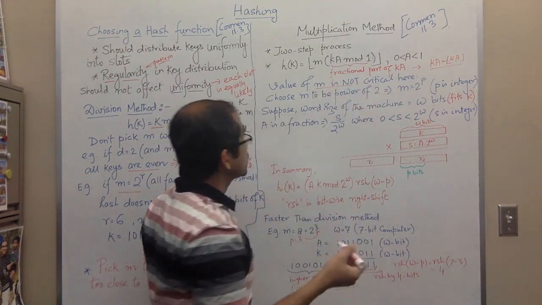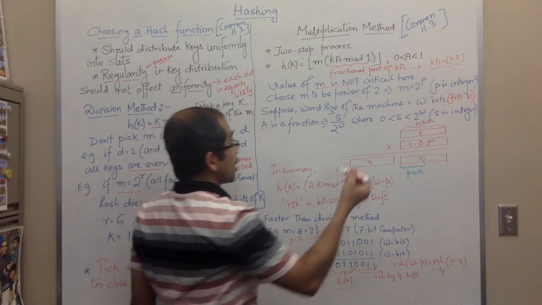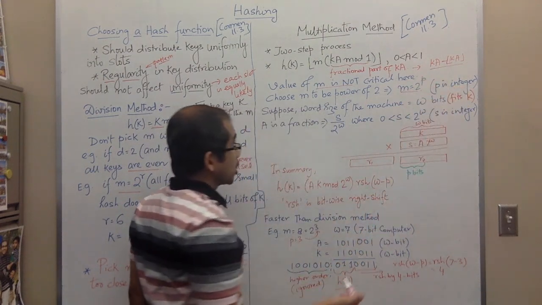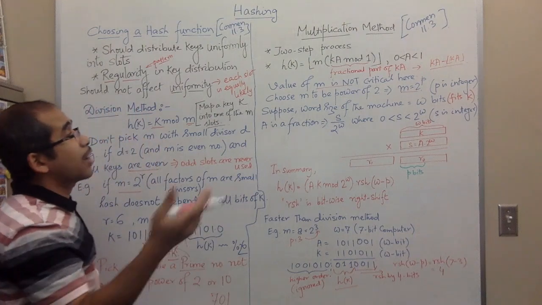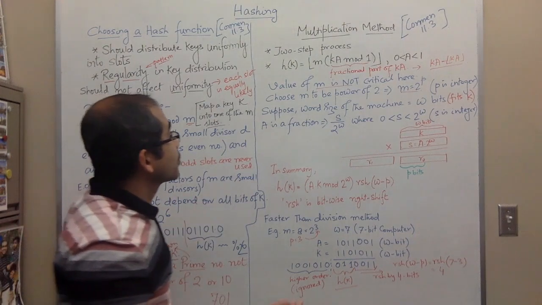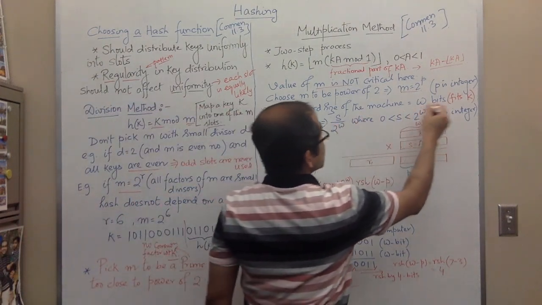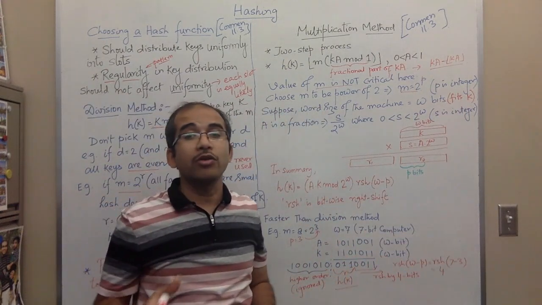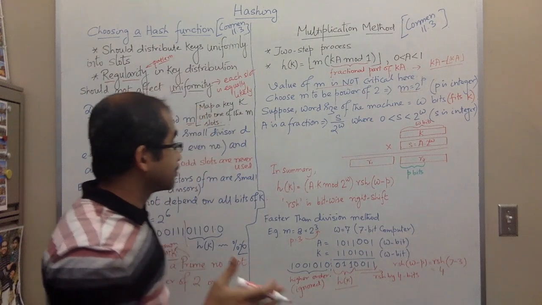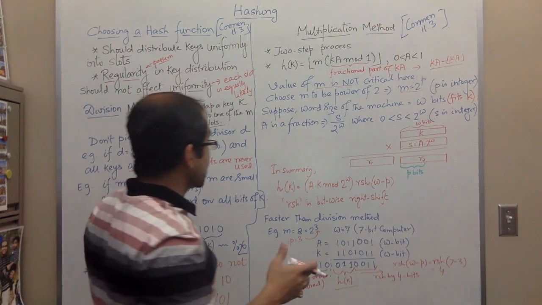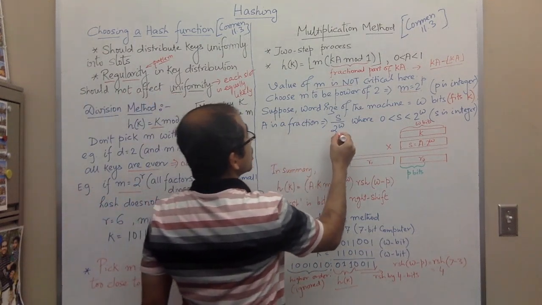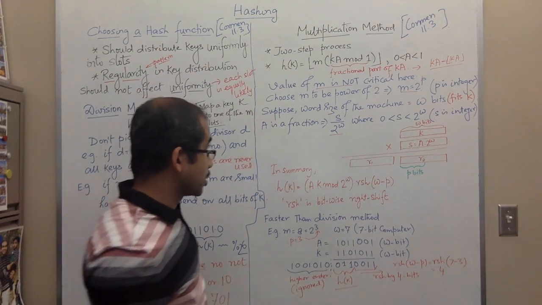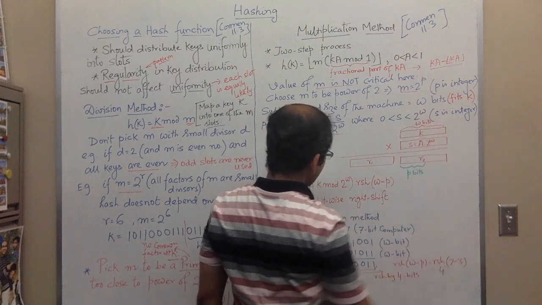So you can choose m to be a power of 2, m equal to 2 to the power p, where p is an integer, like 2 to the power 5, where 5 is an integer. Suppose the word size of the machine is w bits, and assume that the key fits into that, so the key is not more than w bits, and a is a fraction of the form s divided by 2 to the power w, where s is an integer with 0 less than s less than 2 to the power w.